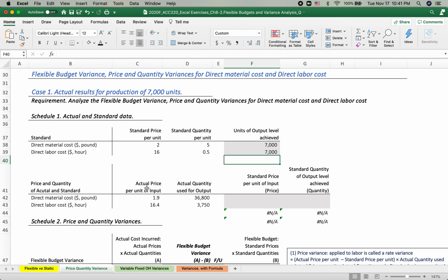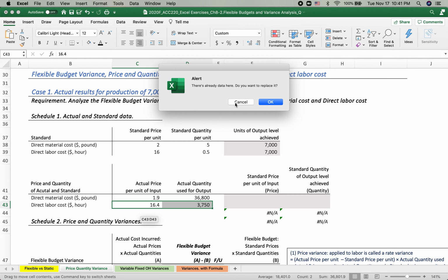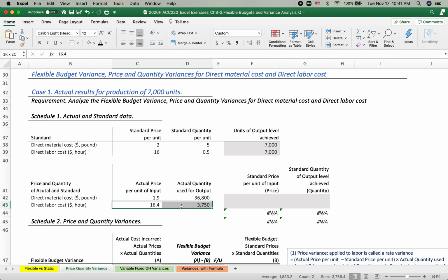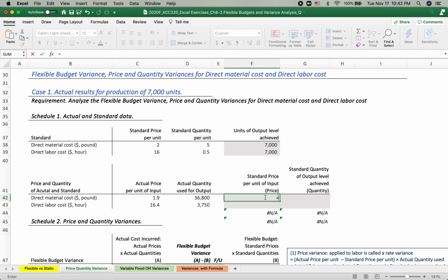And then let's find the actual information, which is given. Compared with this direct material cost, we have a different number there, and the direct labor cost is also different. So in order to compare the standard price per unit of input and the standard quantity of output level achieved in terms of quantity, we need to calculate in this way. The standard price per unit is the same for the direct material cost and the direct labor cost.